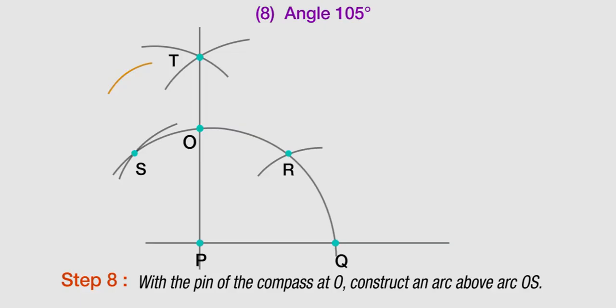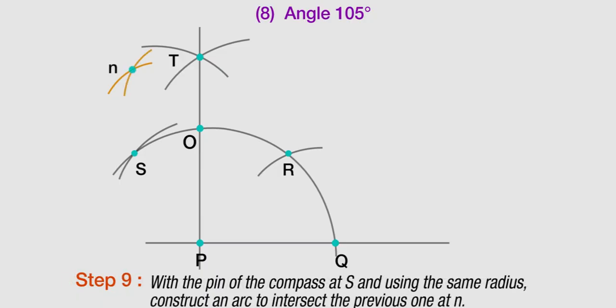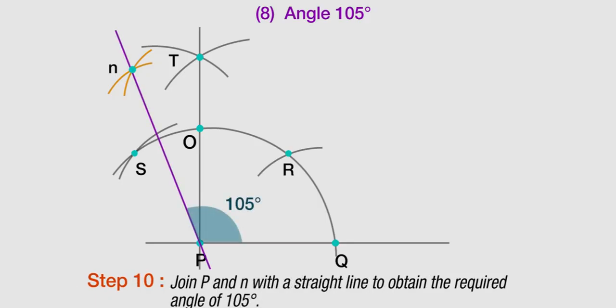Now with your compass point at S and using the same radius, construct an arc to intersect the previous one constructed at N. Now join P and N with a straight line to obtain the required angle, which is 105 degrees. I hope that has been simple.